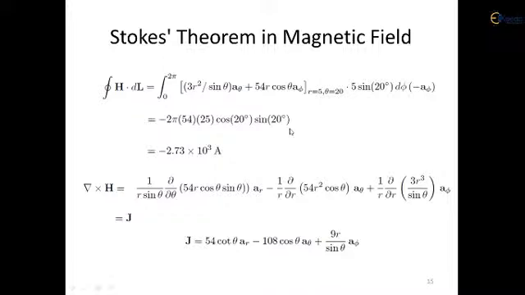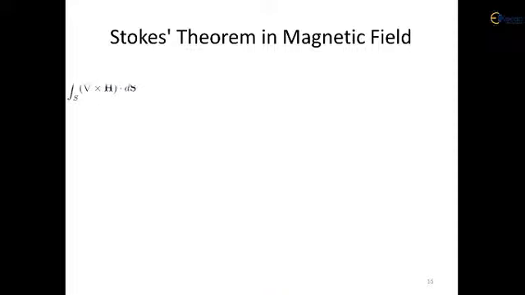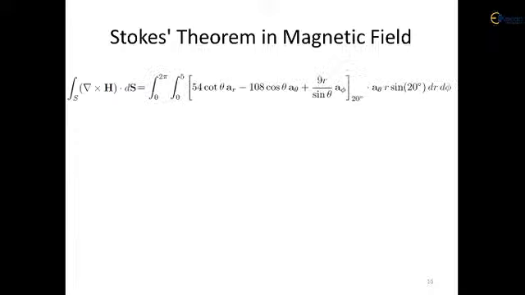So J we have here, and for the second side of the Stokes theorem, we have to just surface integrate this vector J, or the representation as curl of the H here. So here we make the surface integral of del bar cross H bar dot multiplication with the ds here. So we apply the integral limits, 0 to 2 pi for the first integral, then the second integral 0 to 5.